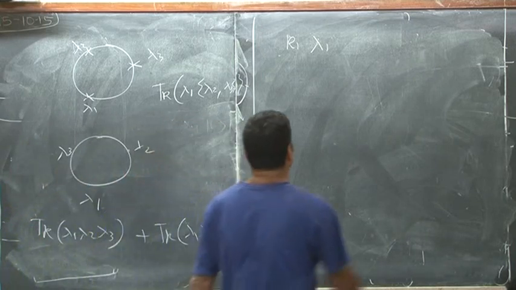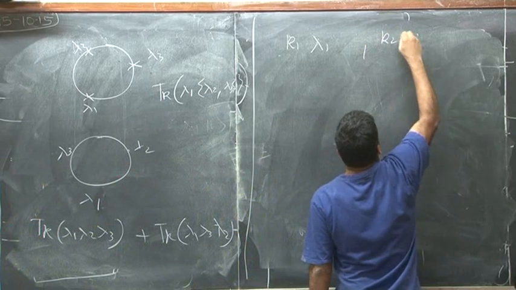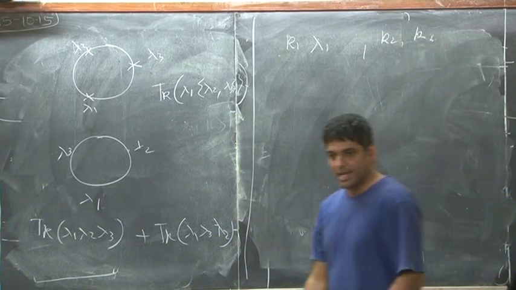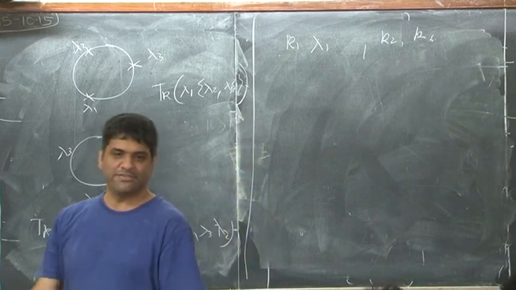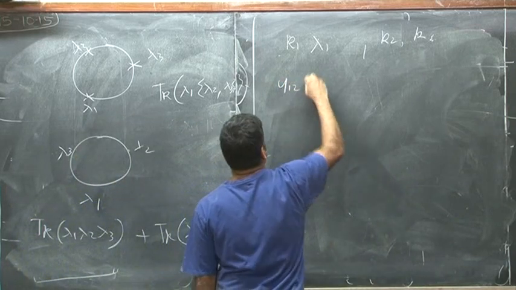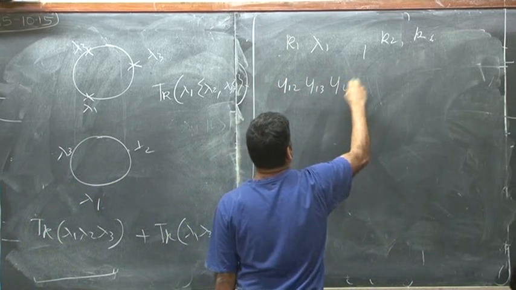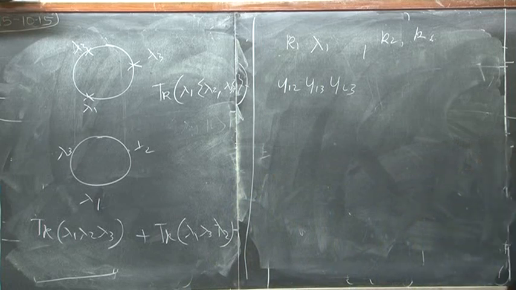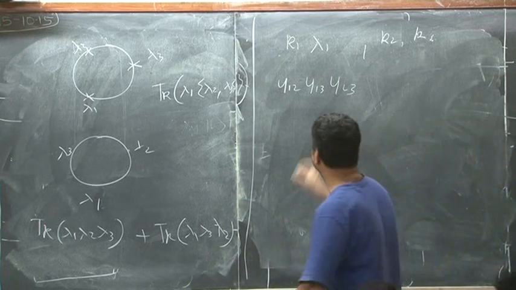And we've got our two tachyons with K2 and K3. All three are fixed vertex operators. So from the ghosts we get y12, y13, y23.